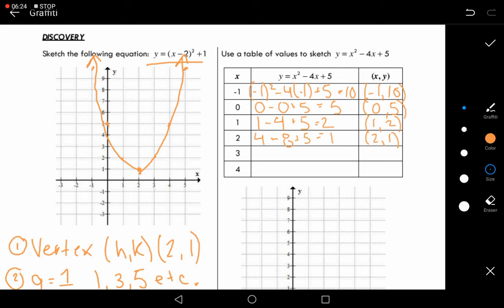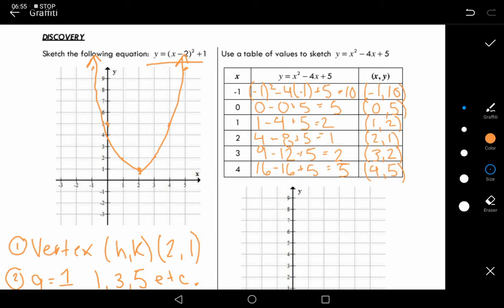And of course, you could just check this on your calculator. I know I'm running through it pretty quick. 3 squared is 9, minus 12, right? 4 times 3, plus 5 gives me 2. So I have the point (3, 2). And lastly, 4 squared is 16, minus 4 times 4, which will also be 16, plus 5, which leaves me with 5, with the point (4, 5).